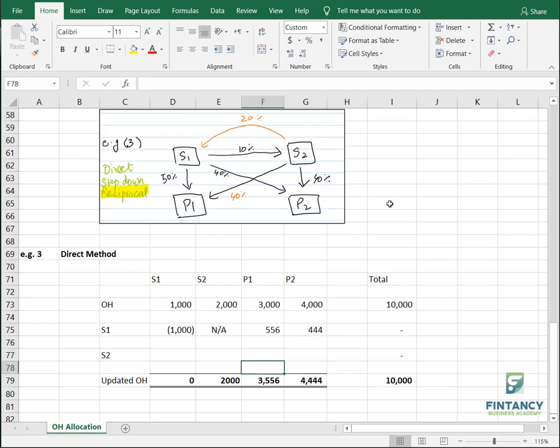Now, if you talk about S2, this 2000 we have to allocate now. Again, same concept. This 20% which is going from S2 to S1 you will ignore. What you will consider? Only P1 and P2. See how much is going to P1 and how much is going to P2? 40, 40.